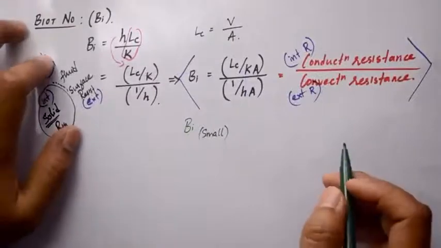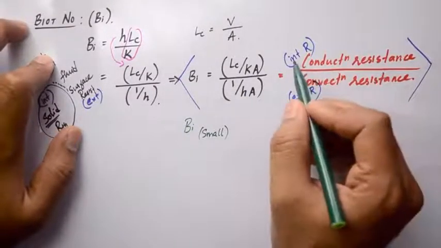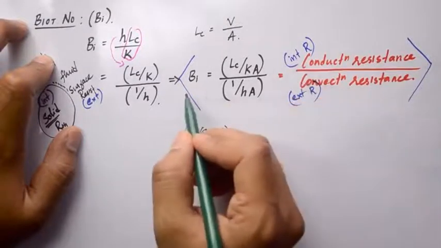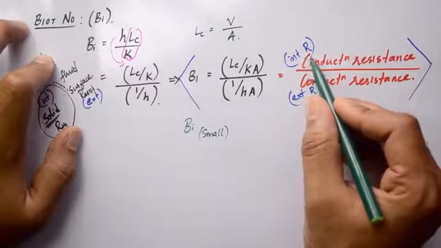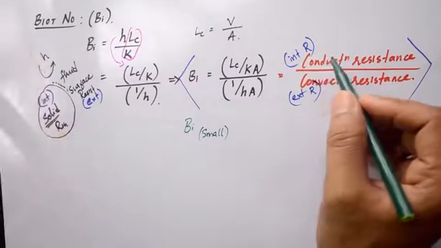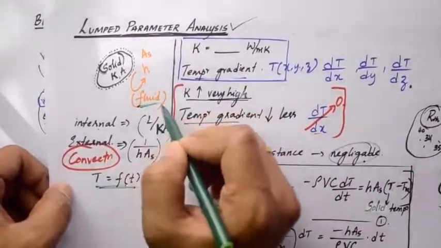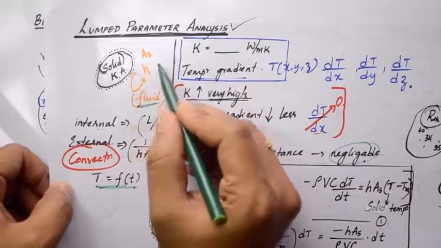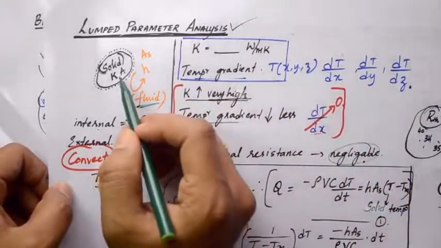So the internal resistance is simply the conduction resistance. If the internal resistance is very small, the Biot number becomes very small. And if the internal resistance is very small, the only way the heat has to be transferred from the solid to the surrounding, as we saw in the beginning, is due to the convection process, that is by the fluid. So external resistance will take over at a high rapid rate when compared to the internal resistance.